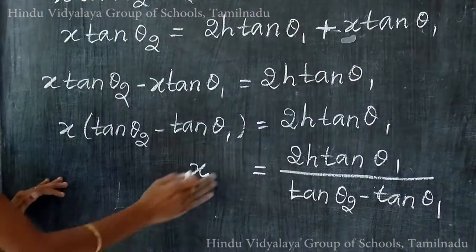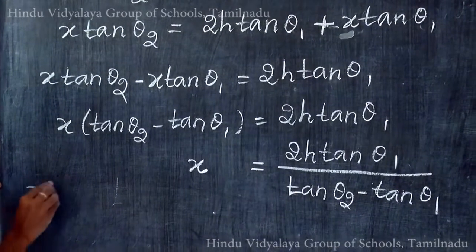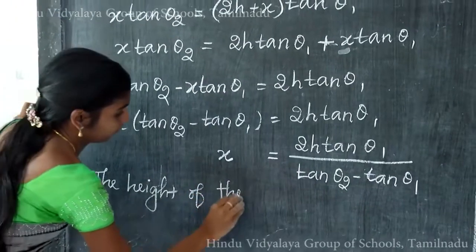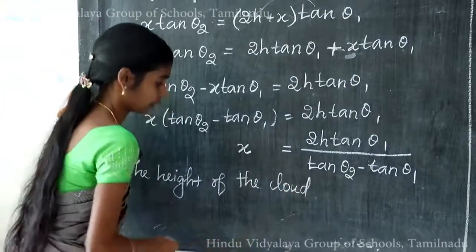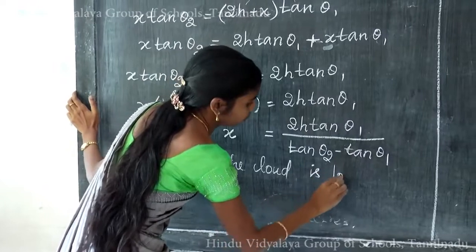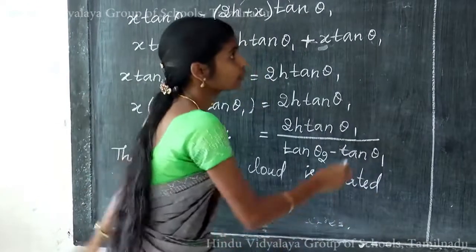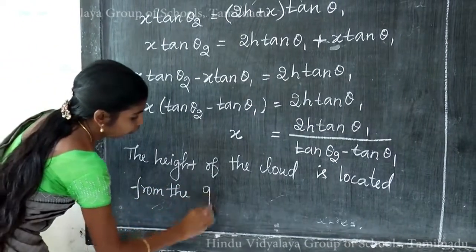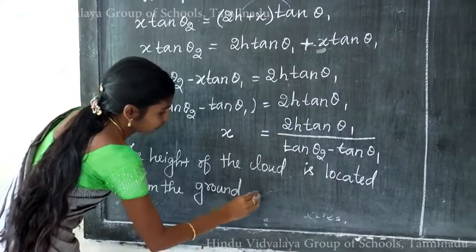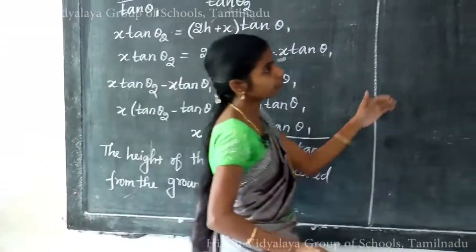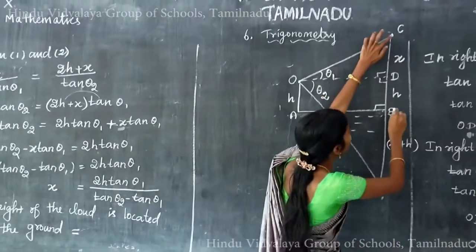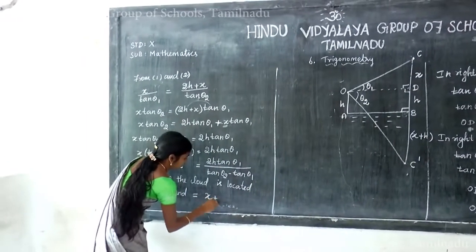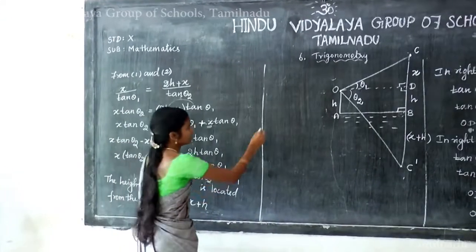So, find the height of the cloud located from the ground, which is equal to, from the diagram, BC, that is x plus h. Now substitute the values in x plus h.